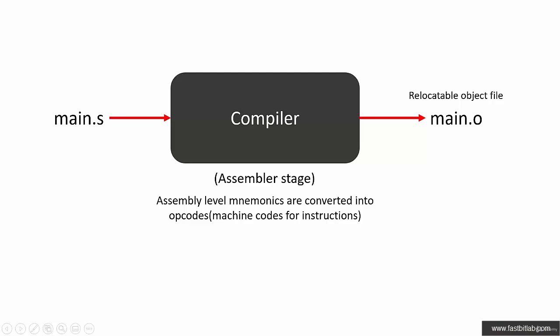That's why the assembler does this job of converting the assembly level mnemonics into the machine codes, and it creates the output file called a relocatable object file. If the input is main.s, then the output will be main.o. That's what we call a relocatable object file. I'll explain what exactly I mean by relocatable later.